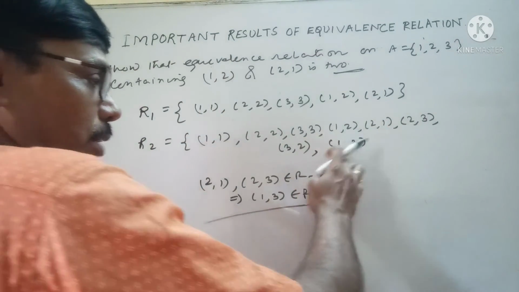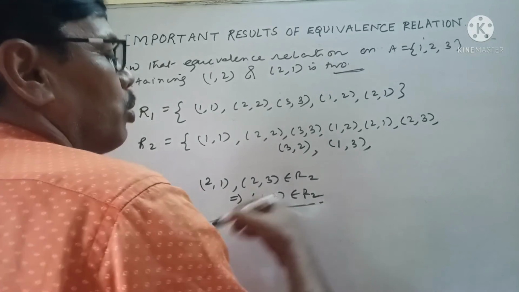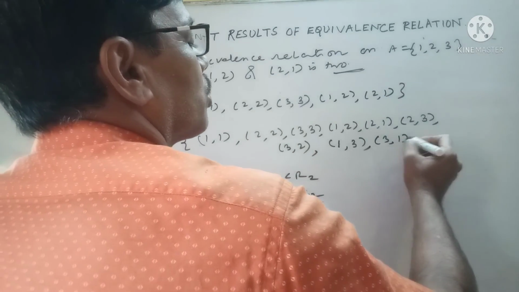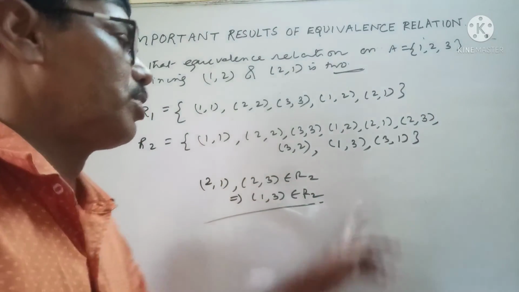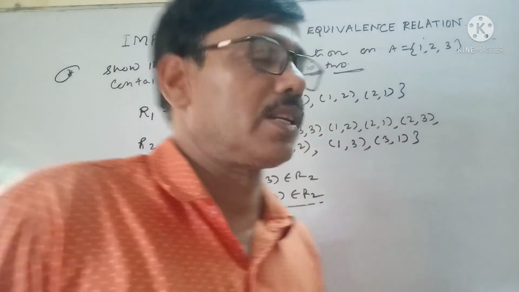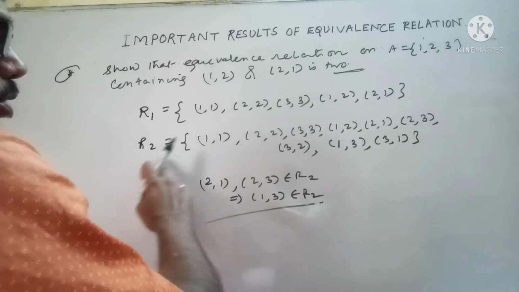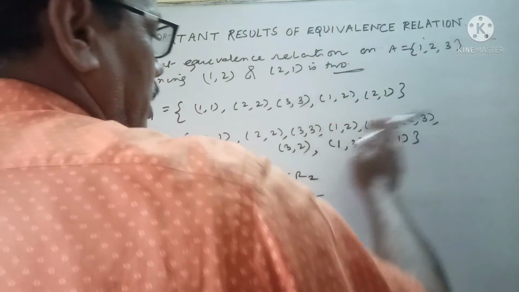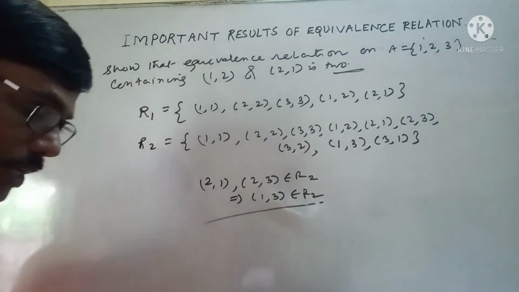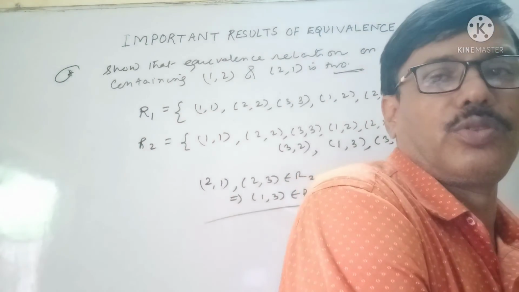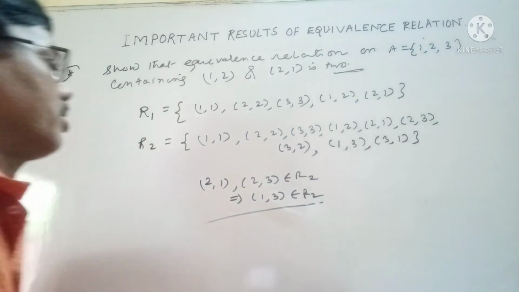Now if (1,3) belongs to R2, then (3,1) must belong too, to prove symmetric. So now R2 has 9 elements. This is the universal relation, so this is the biggest relation.